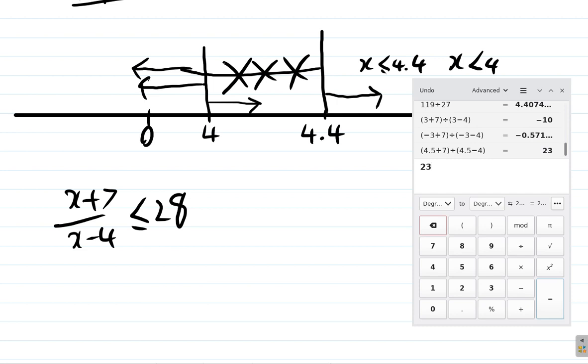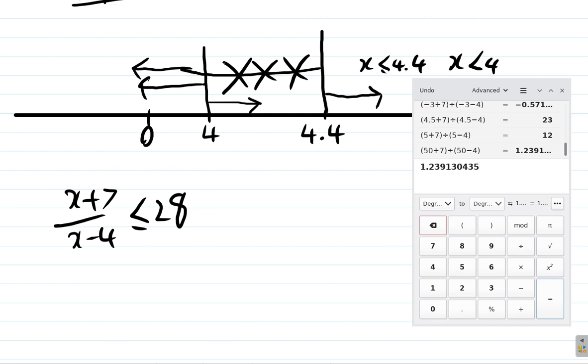We could try a larger number. Let's try 5 now. 5 plus 7 divided by 5 minus 4. 12 is less than 28. And the fact is, 50 should work. If we try 50, that is indeed less than 28.